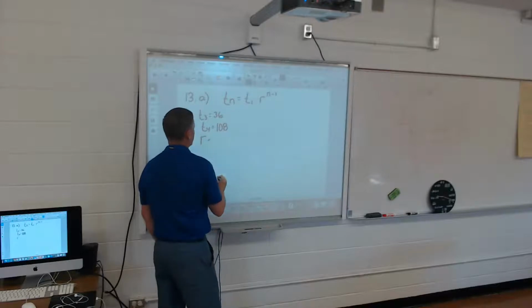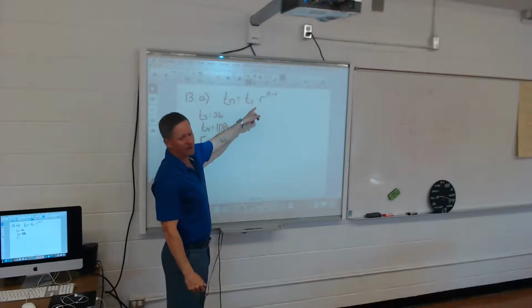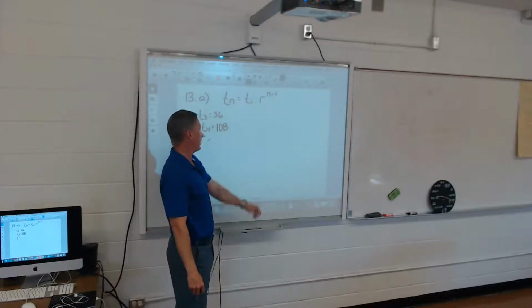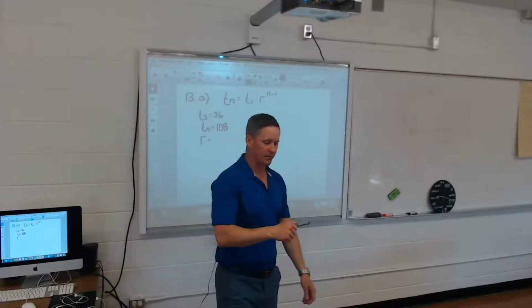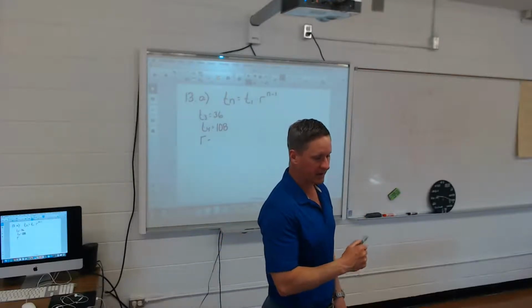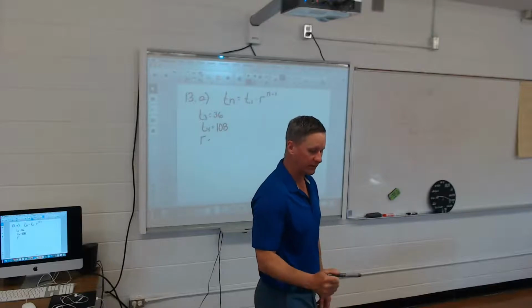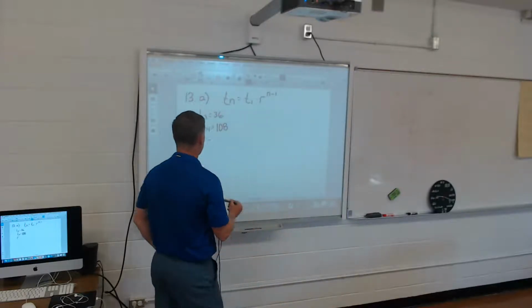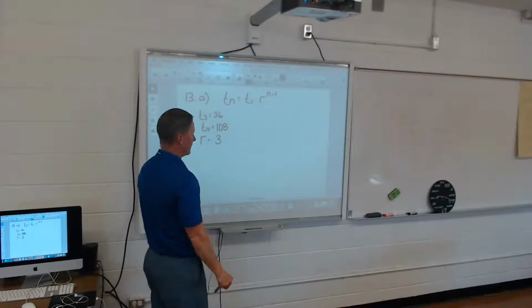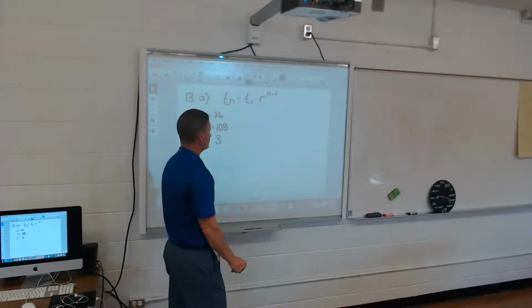I can't find t to the 1 right away, but I can find r, because I multiply t to the 3 by something to get to t to the 4. So if I divide 108 by 36, I get my ratio, which is 3.